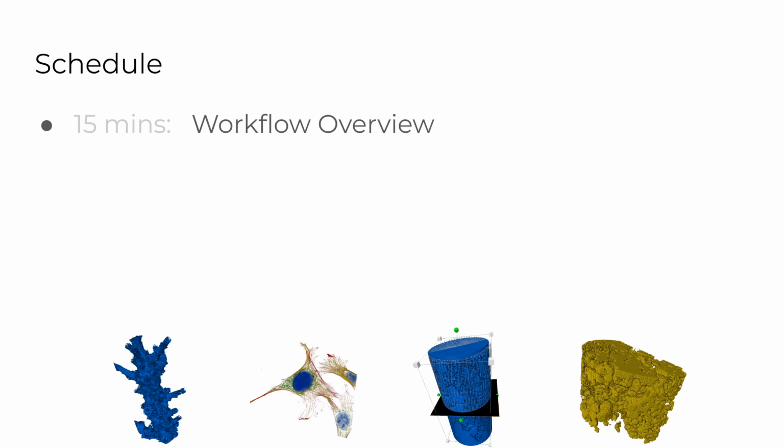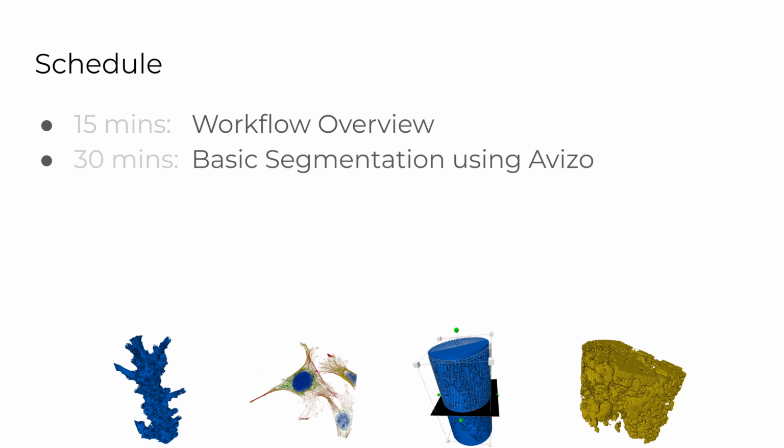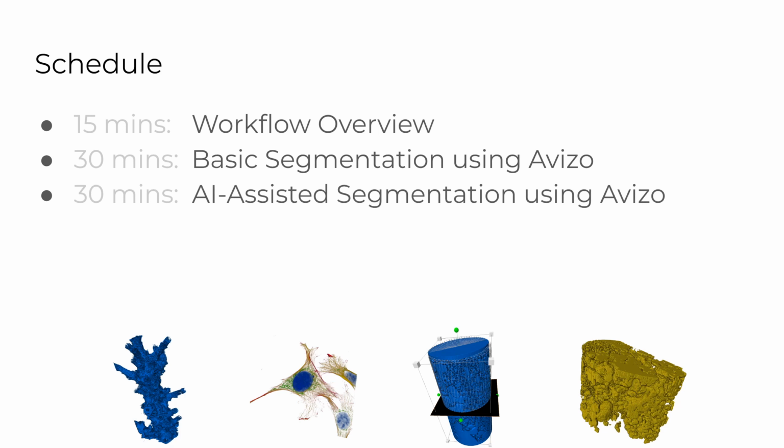Okay? All right, so for today, this is sort of our schedule. I'll give a quick workflow overview, an overview of the steps that we will be doing today, and I'll also give a preview of the types of data sets that we'll be working with. First I'm gonna give an introduction of basic segmentation tools in Avizo as a foundation to help us with using the AI assisted segmentation tools in Avizo.